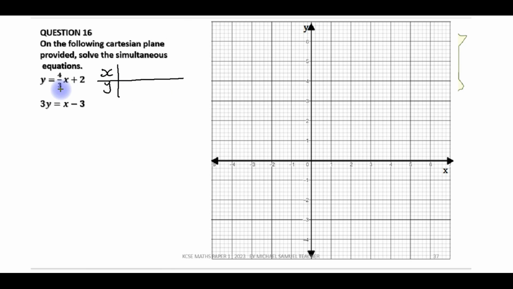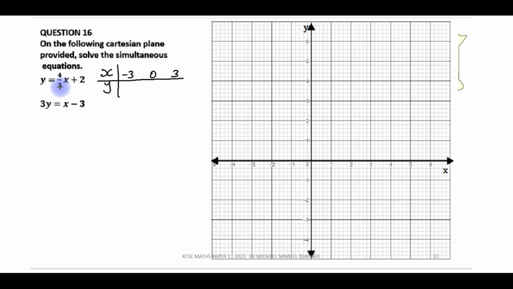From here we find the value of y when x is minus 3, or when x is 0, and also 3. We need at least 3 points whereby we are going to plot this linear equation.